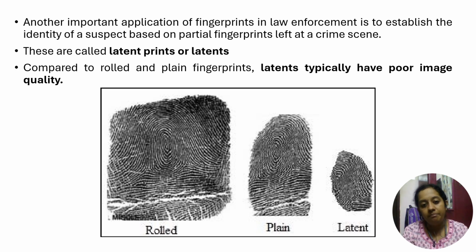Rolled is where almost the whole of the fingertip is taken. Plain has detailed data and latent has partial data. Latents are not considered a clear fingerprint, but even then, with just the latent prints, we will be able to identify criminals at the crime scene.